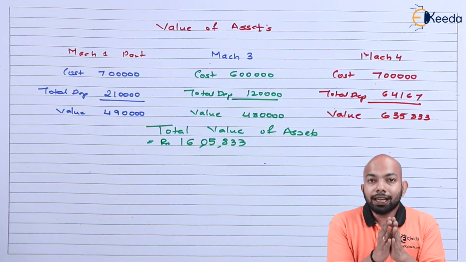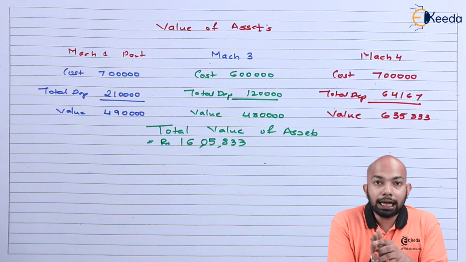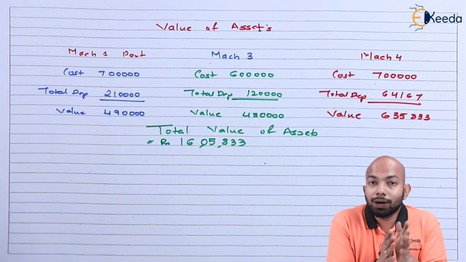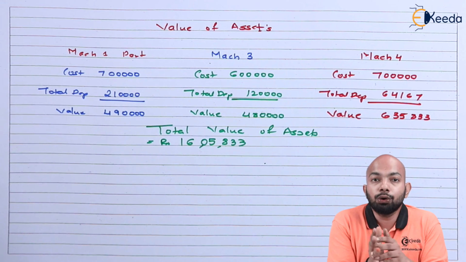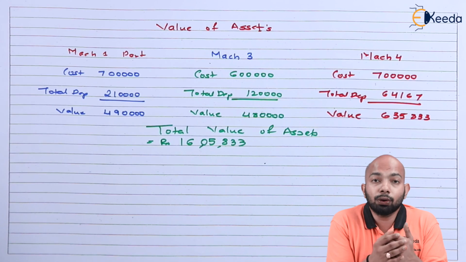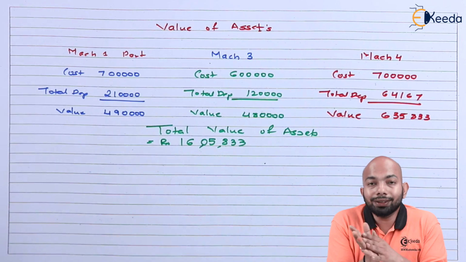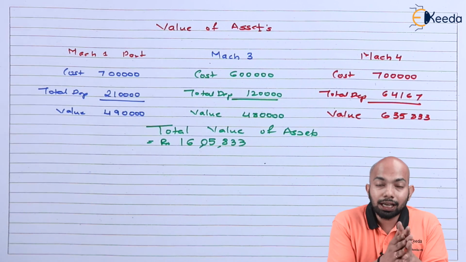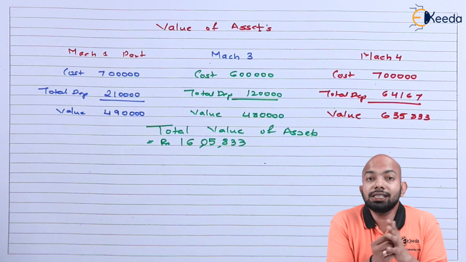So as you can see, we have done the valuation of all assets that we have. For machine 1 part, that has been mentioned here. Machine 2 has been sold out. Machine 3 and machine 4, total value of all those assets after deducting the depreciation has been already mentioned. So the total of all these assets is 16,05,833. So this is how you calculate if there is a partial sale of asset under SLM method.